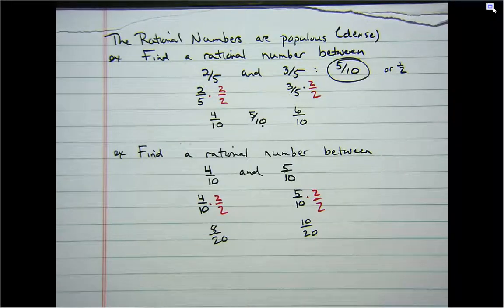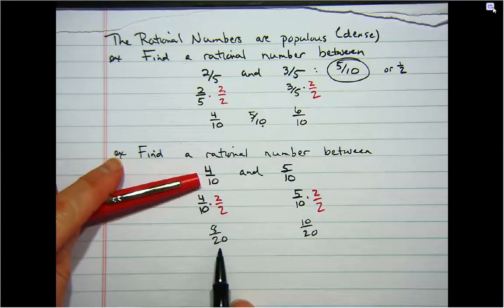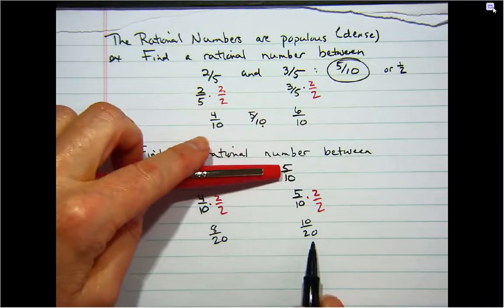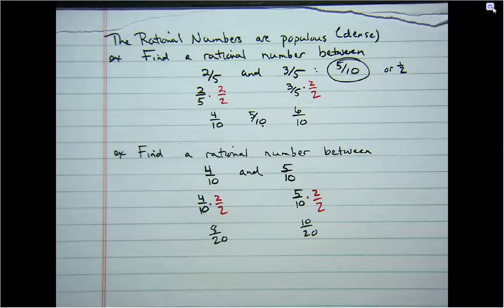They're just written differently. So if you put in your calculator 4/10 and 8/20, both will come up as 0.4. If you put in your calculator 5/10 or 10/20, both will come up as 0.5.